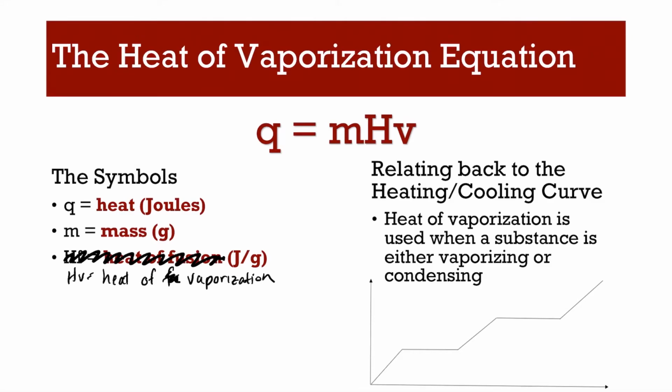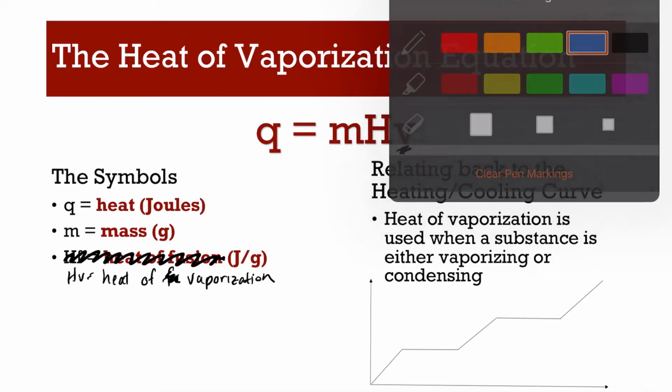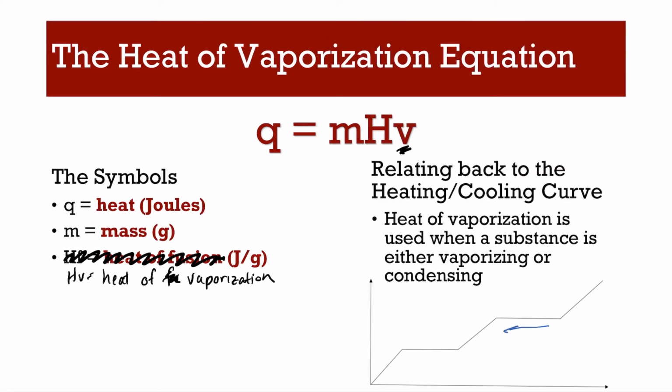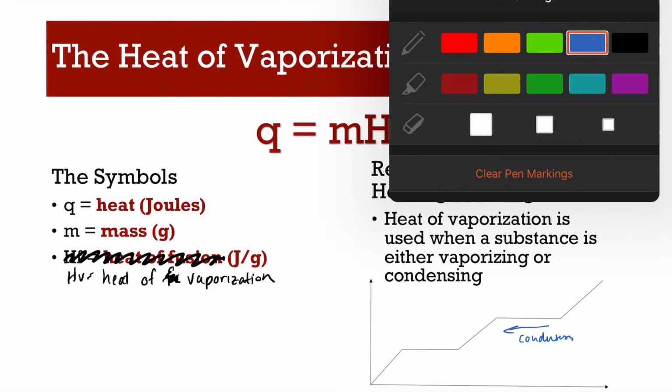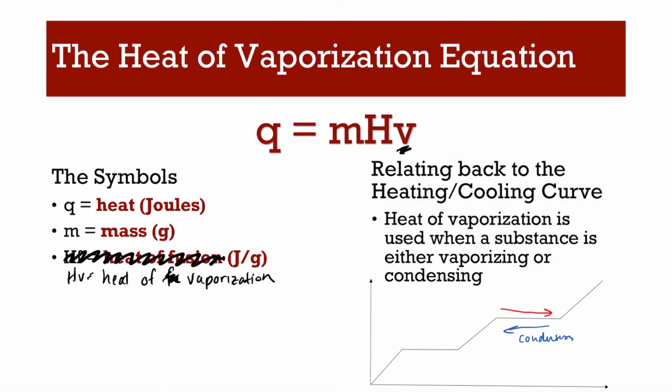Okay, so if we're talking about heat of vaporization, that's what that V stands for. We're talking about where vaporization happens on a heating and cooling curve. And remember, this is your condensation, and this is your vaporization.